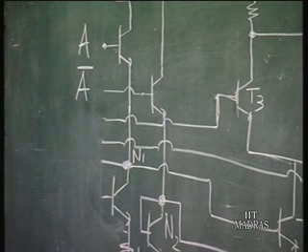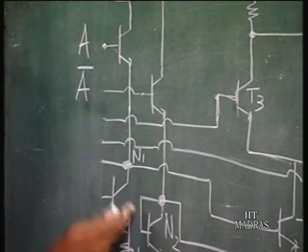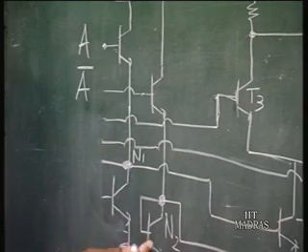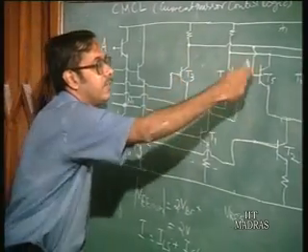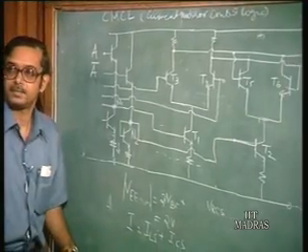So, if A is high, one of these nodes will go high, and A bar, the other node, is going to go high. If A is high, then this circuit is on; if A is low, then the other circuit is on.